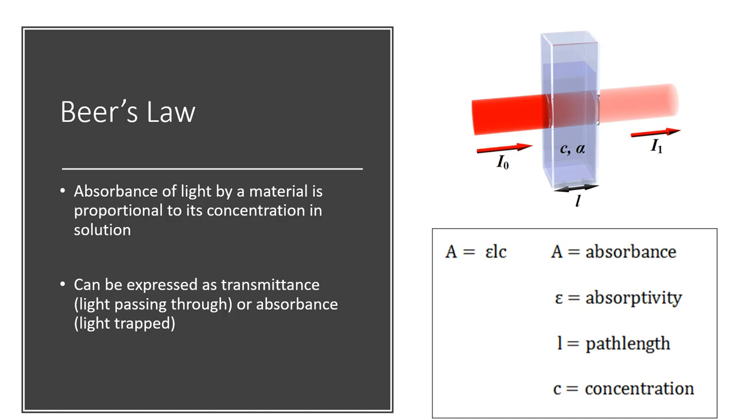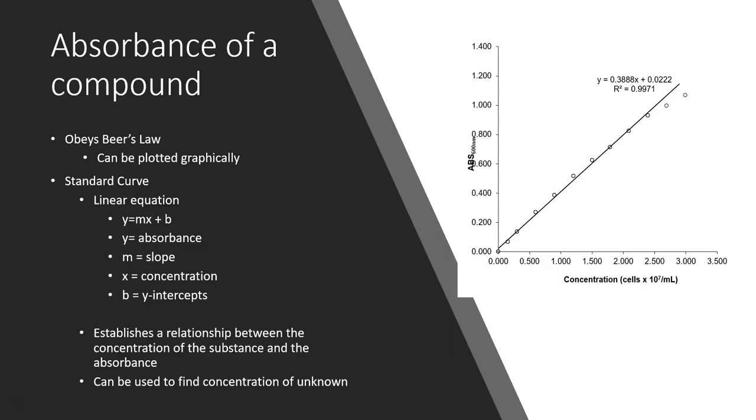In our case, we will focus on absorbance. When we plot concentration of our solution or cells on the x-axis and the absorbance from the spectrophotometer on the y-axis, you would end up with a linear trend function.